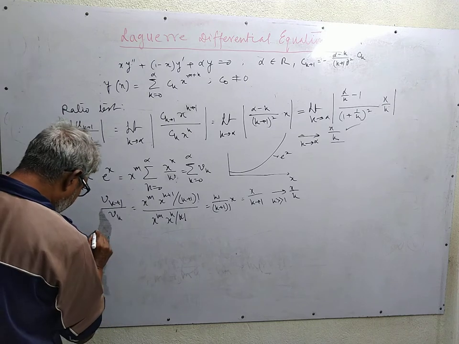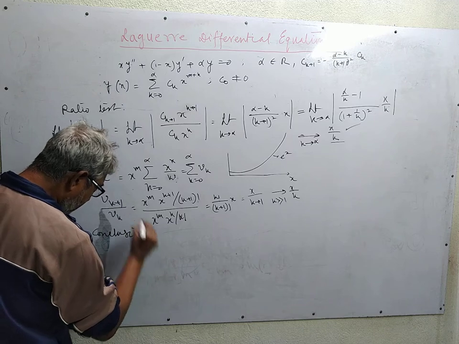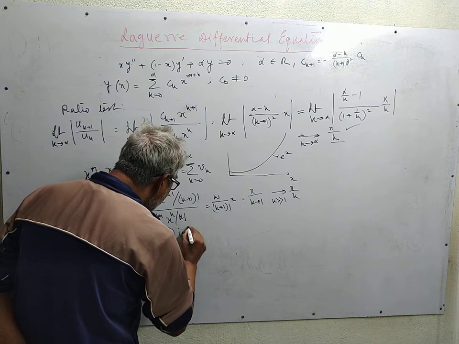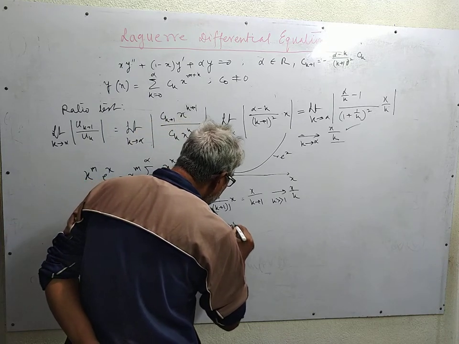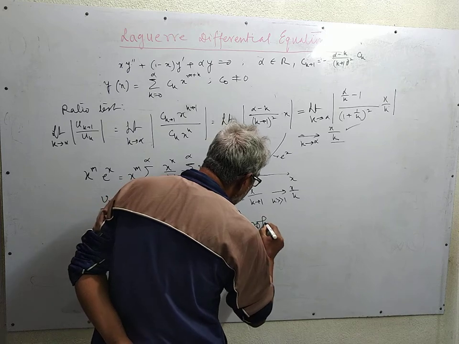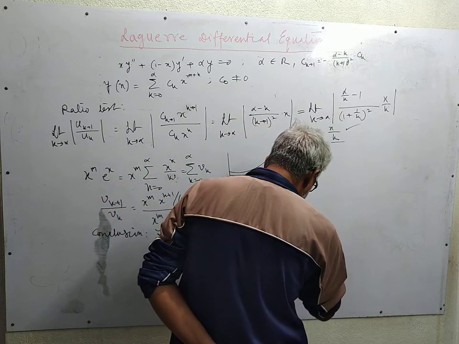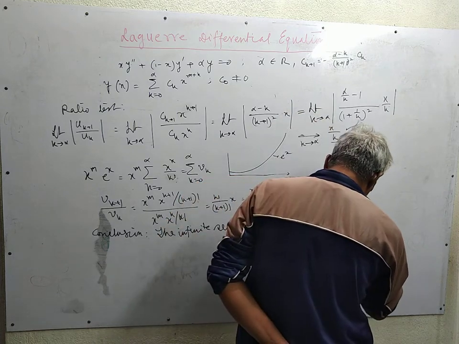So the conclusion is: the infinite series solution of the Laguerre differential equation has asymptotic divergence.